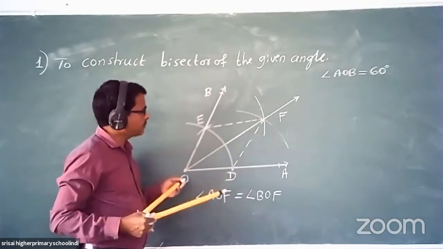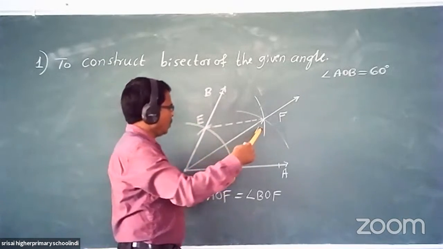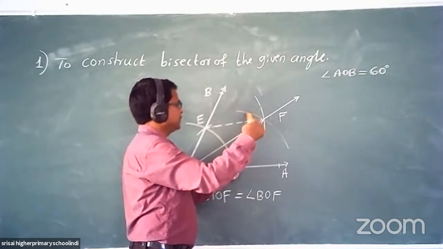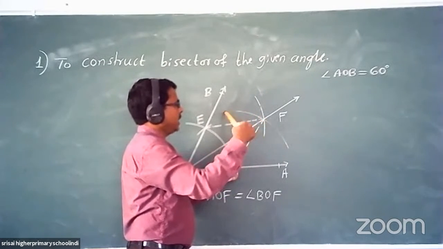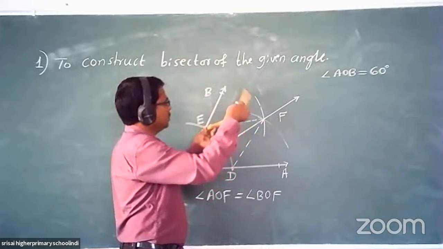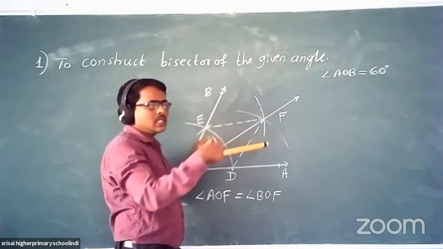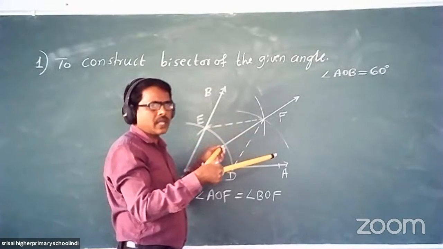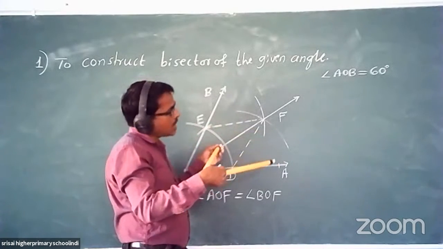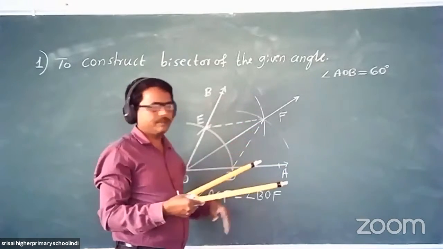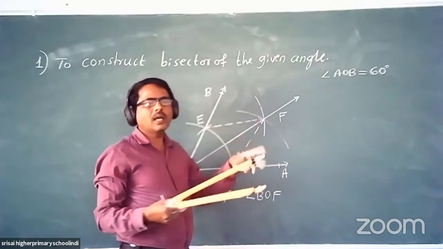Here, DF and EF, you have drawn arcs. These are arcs of the same radii.